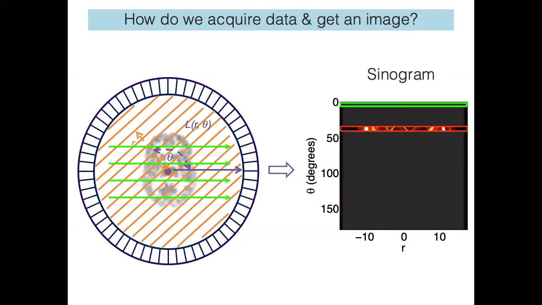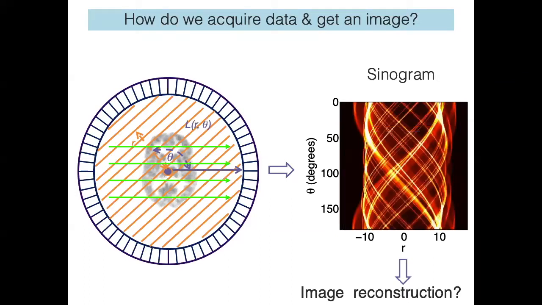If you then look at a different angle, you will get a different line in your sinogram. And so overall, a sinogram looks something like this, where you have a unique pairing of radius and angles as they come in through the PET detection, but that's how it's really recorded in the raw data of your PET scanner.